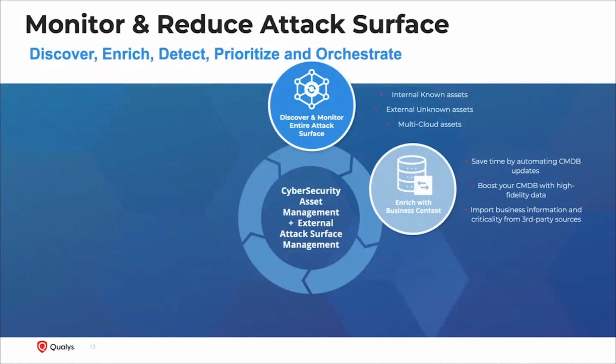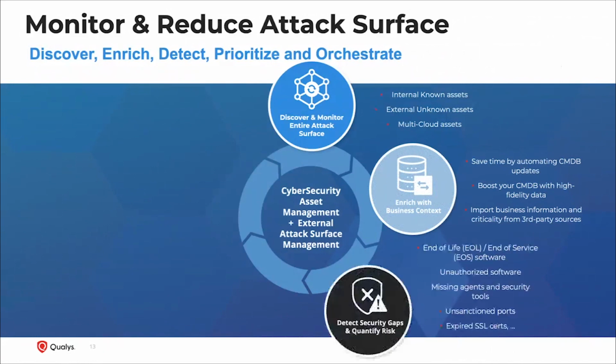Then we do the bidirectional sync with your CMDBs, where we can take a snapshot of inventory and share it with your CMDB, or vice versa. We also share all the cyber risk context of the end of life, end of service, unauthorized software with your CMDB, so the IT team can plan the budget to upgrade the software. IT team can plan the budget to deploy the missing agents, right?